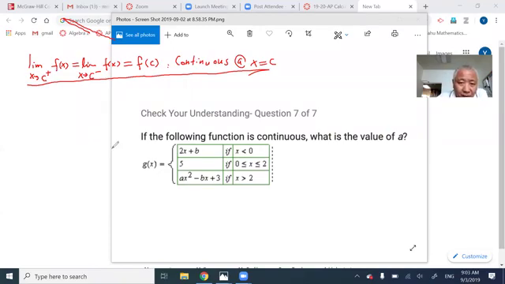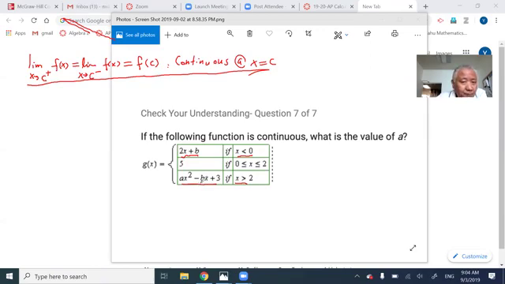Now we're going to apply this to the question to find the value of a. First, this is called a polynomial, no problem. When x is less than 0, this always continues. And when x is greater than 2, this function always continues because this is also a polynomial.